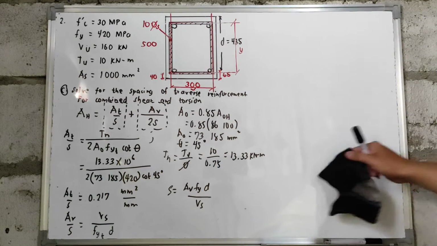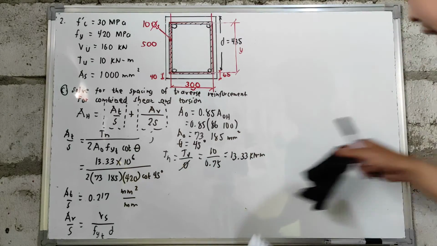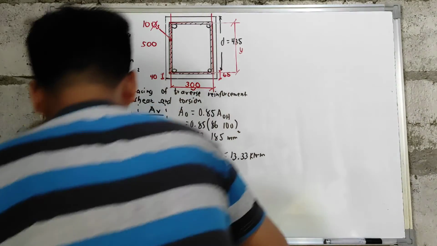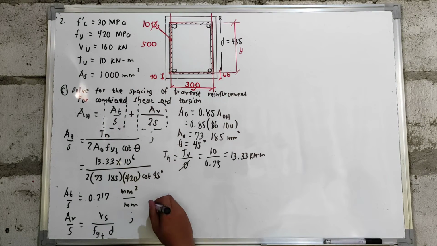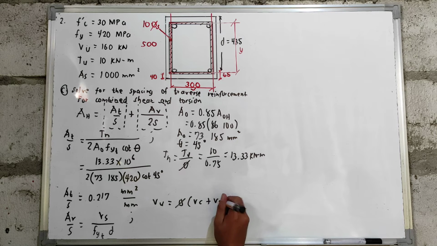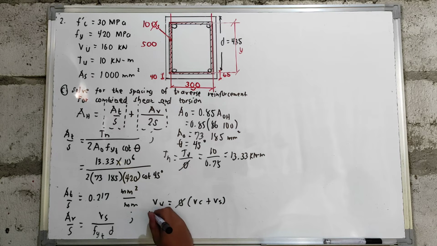So, let's compute now for the value of AV over S. Here, we first need to know the value of our Vs. So, we go back to Vu is equal to phi Vc plus Vs. If we rearrange that, Vs is now equal to Vu over phi minus the value of Vc.